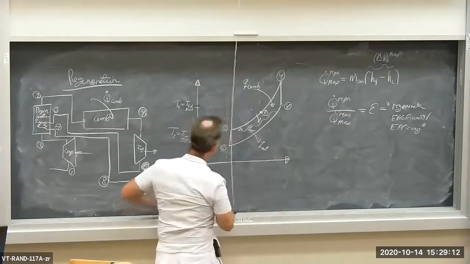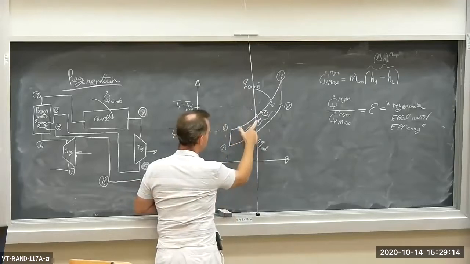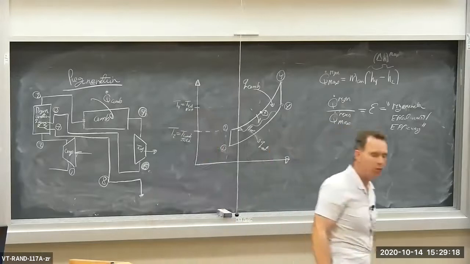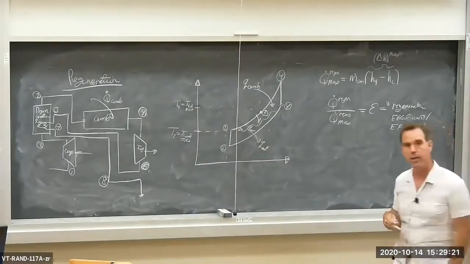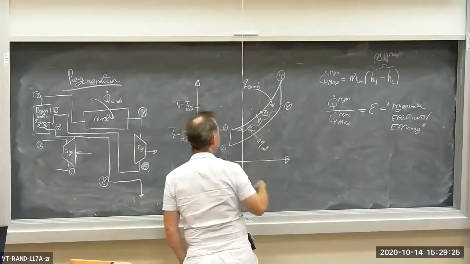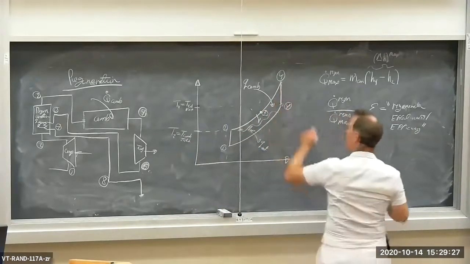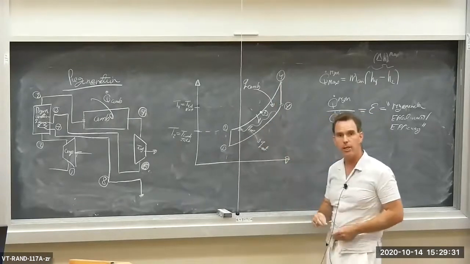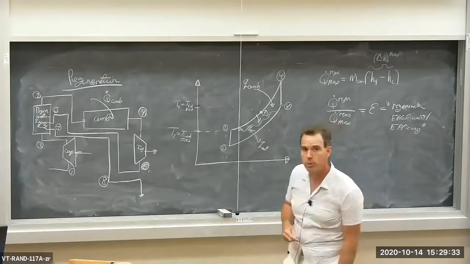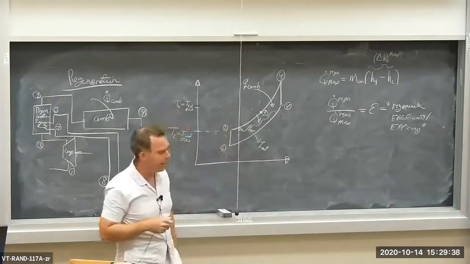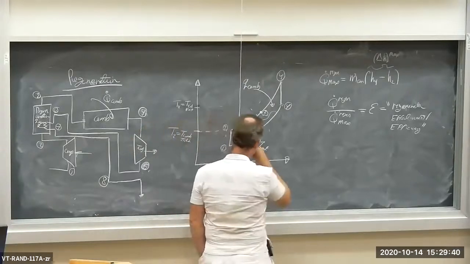All this additional heat from 2 to 3 is now added in the regenerator within the cycle. It's recycled heat. I'm only having to add additional heat in the combustor from 3 to 4 now. Clearly, this is going to represent an increase in efficiency because I'm reducing the amount of heat I have to add in the combustor. Okay?